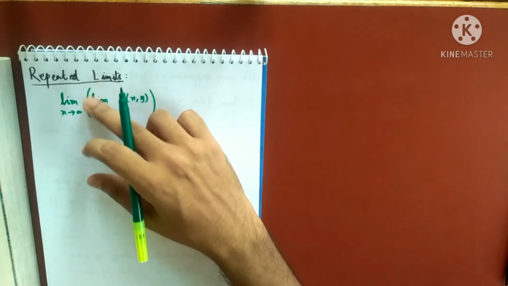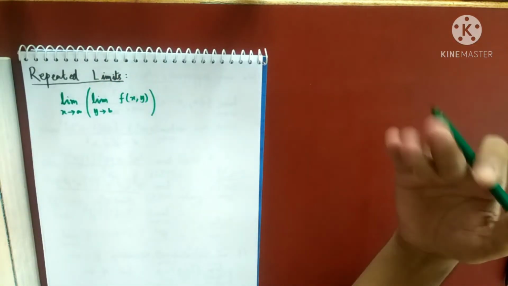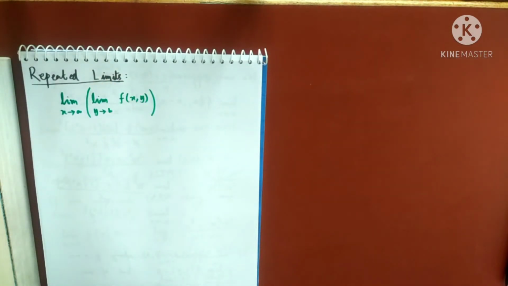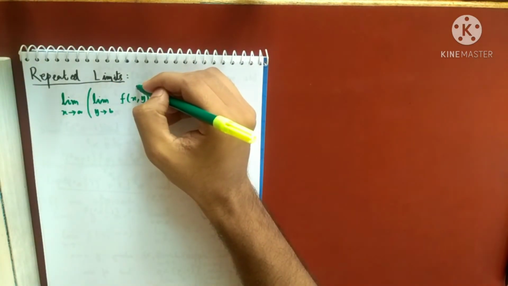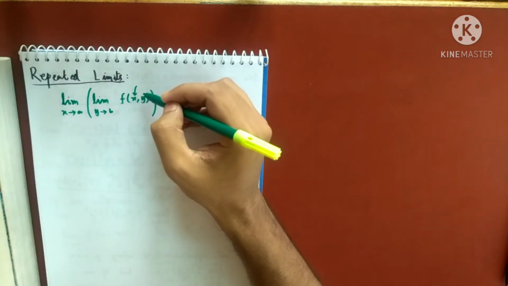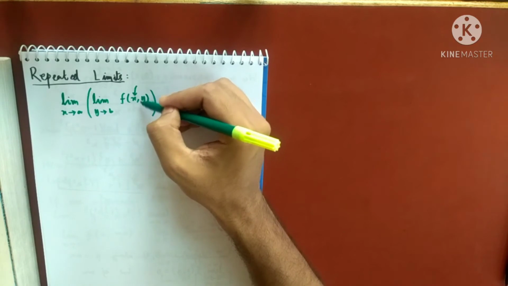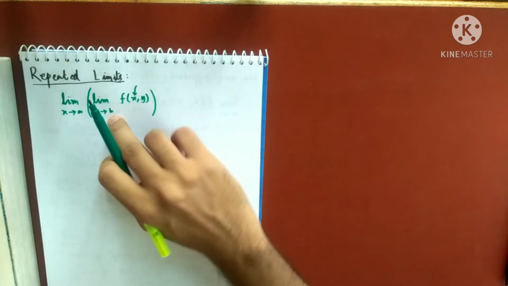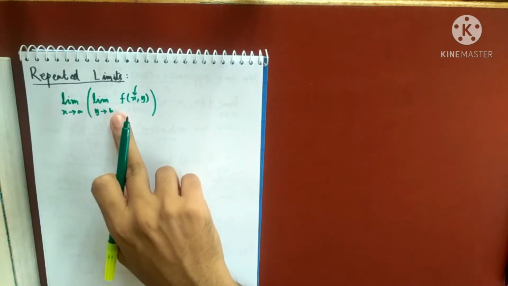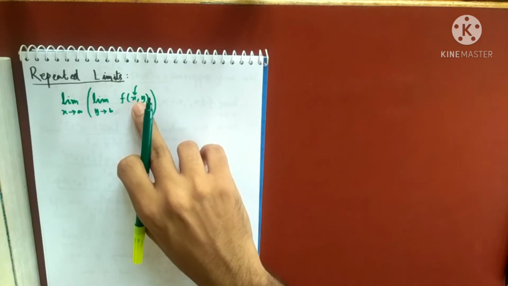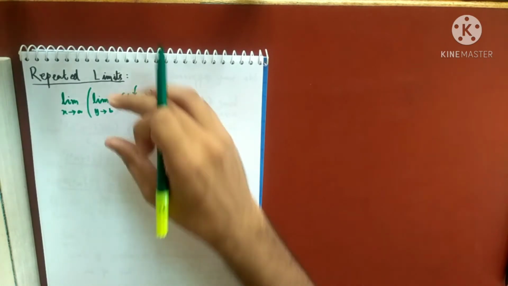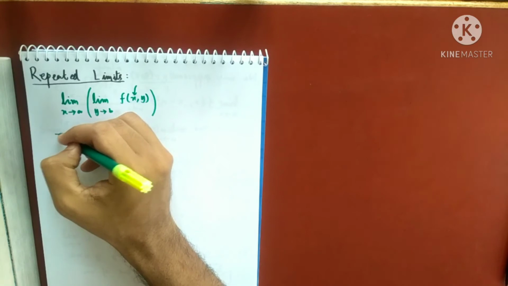This is a single variable limit, because x is being treated as a constant here. So this is just a function of y. You find the limit as y tends to b, with x constant.